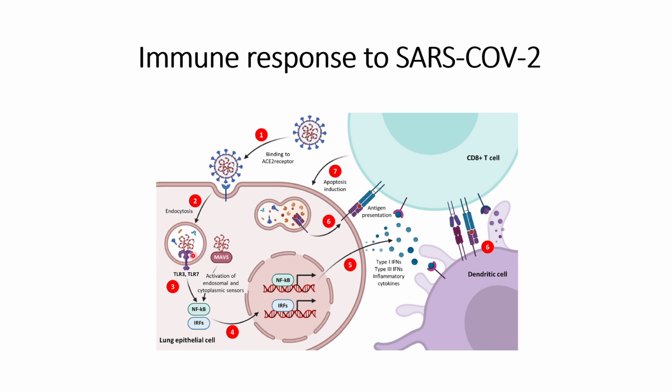During endosomal maturation, the endosomal sensors, TLR3 and TLR7, and the cytoplasmic sensor, MAVS, get activated.